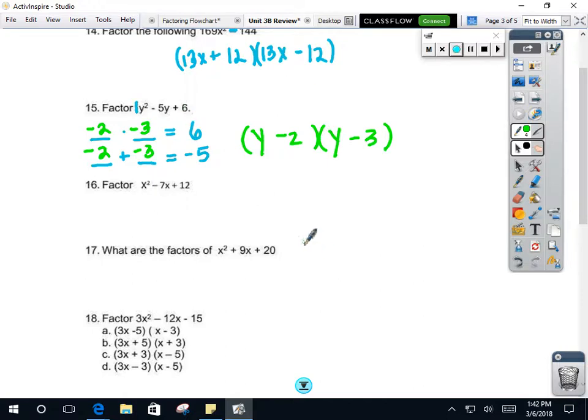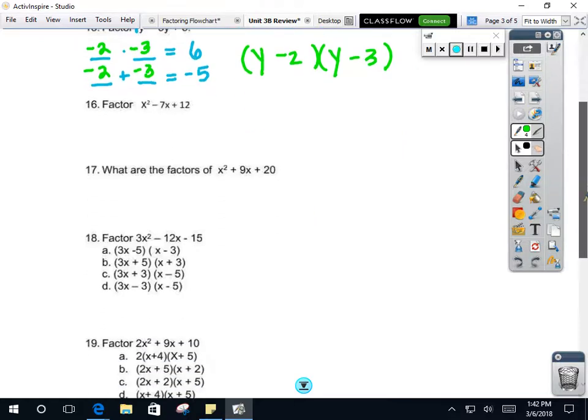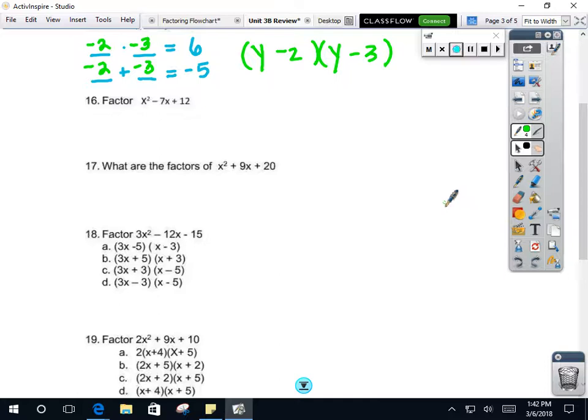All right, number 16, binomial or trinomial? Trinomial. So the very first thing it asks you on that side of the flow chart is what? Is a equal to 1, is it? Yes. So you go straight into the bubble method, which is where you look for 2 numbers. Those 2 numbers must multiply to equal 12 and add to equal negative 7.